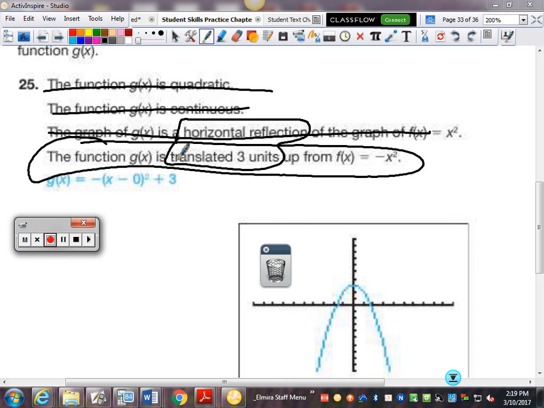It says the function is translated 3 units up from f of x equals negative x squared. So they already put the negative sign in for you for the reflection. And all you have to do is put in the 3. I don't know why they put the 0 there. That was silly.